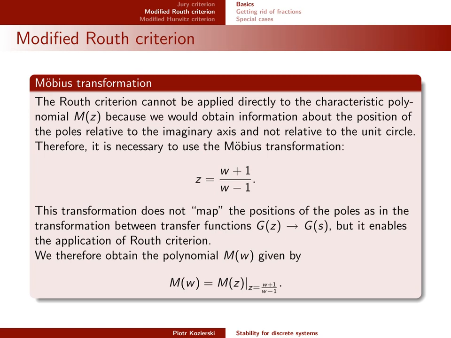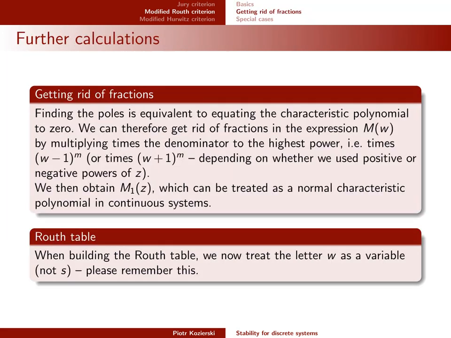In this way, the polynomial M of w is obtained. In the next step, it is best to get rid of denominators, that is, multiply the entire expression by the highest power of denominator. Once we obtain the characteristic polynomial, we carry out subsequent calculations in the same way as in the plain Routh criterion.